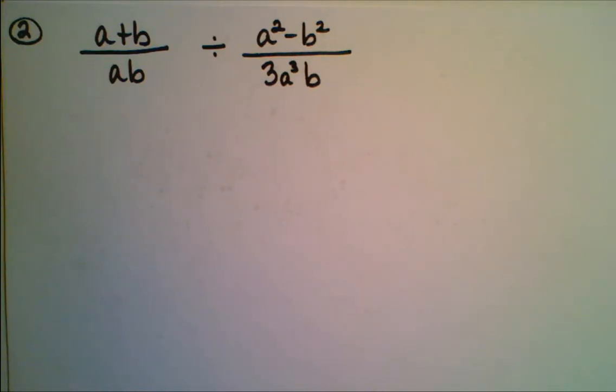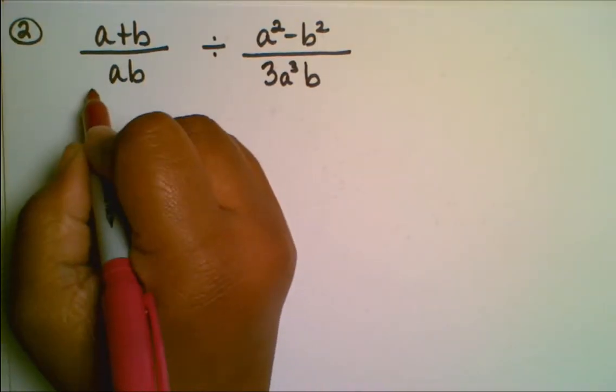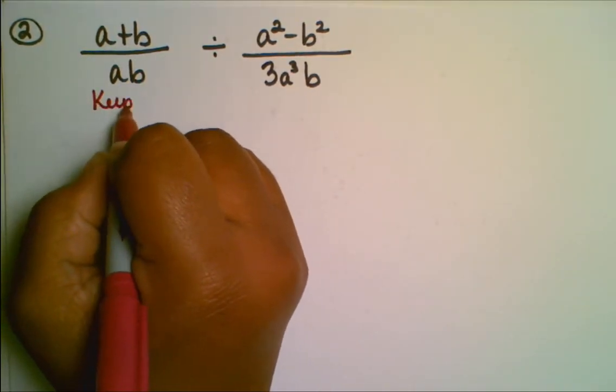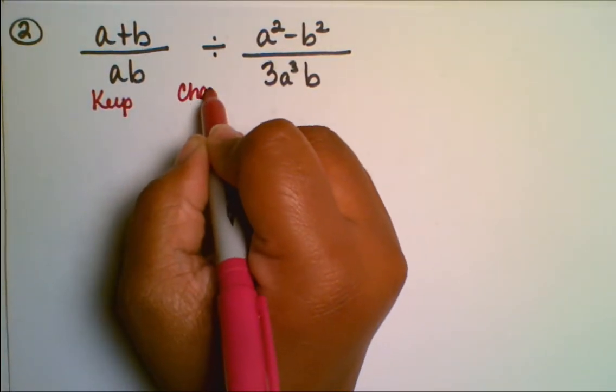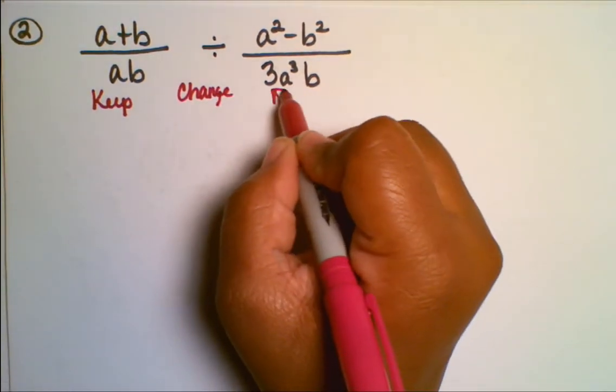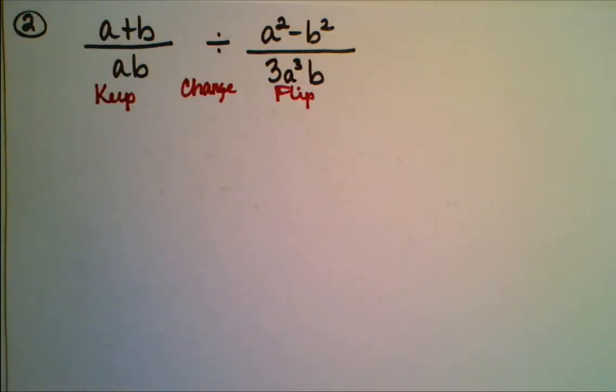Number 2, we have (a plus b) over (a times b) divided by (a squared minus b squared) over (3a cubed b). So we're dividing two rational expressions. We're going to keep the first fraction, change the division sign to multiplication, and flip the second fraction.